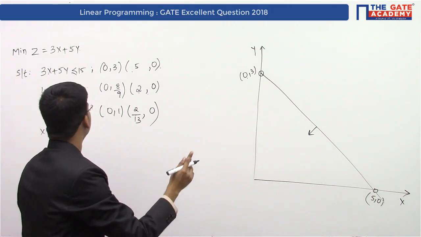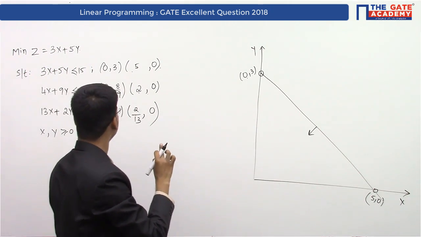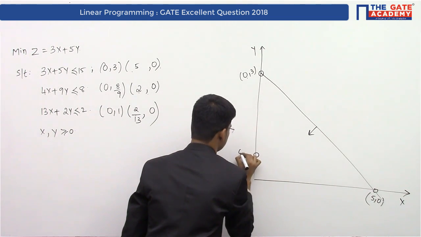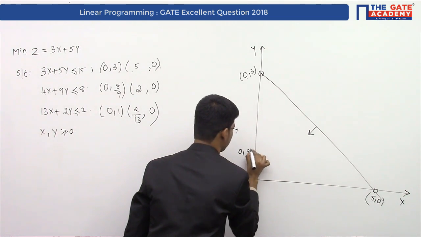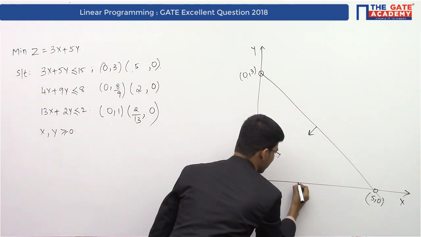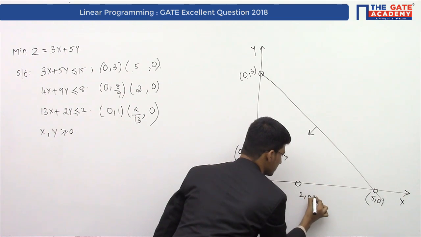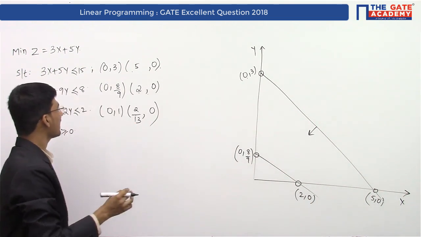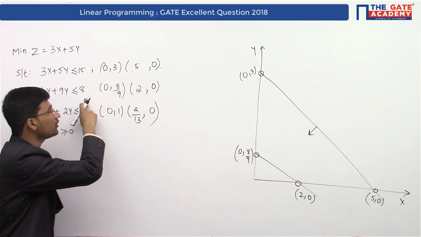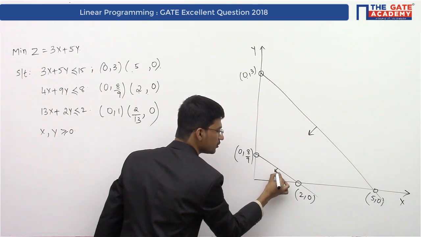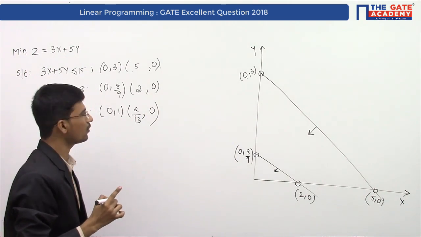Right? Now coming to the second constraint, it will be 0, 8 by 9. It may be somewhere here. 0, 8 by 9. Now this is 2, 0. This may be somewhere here. 2, 0. So this is a straight line. Again this is having an inequality of less than or equal to type. That's why our region is towards the origin, which is this one. Okay.